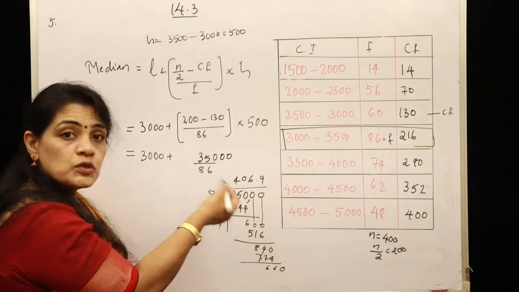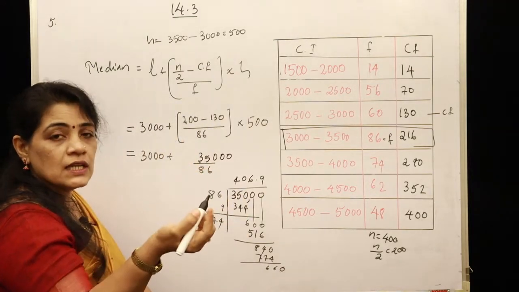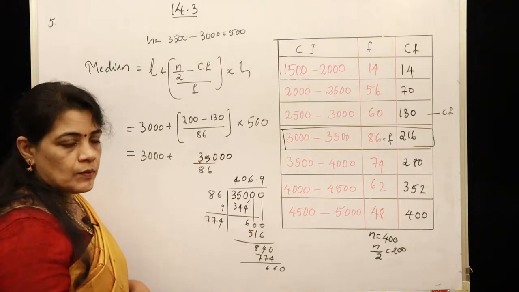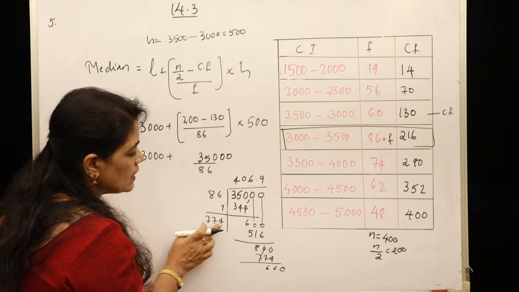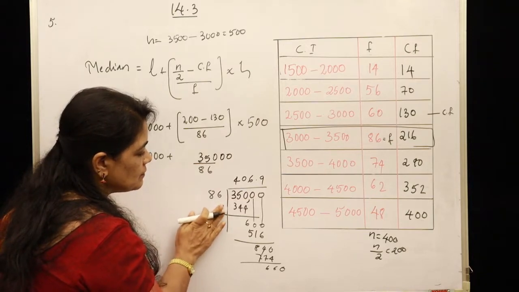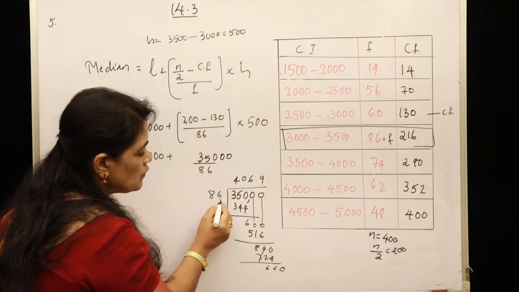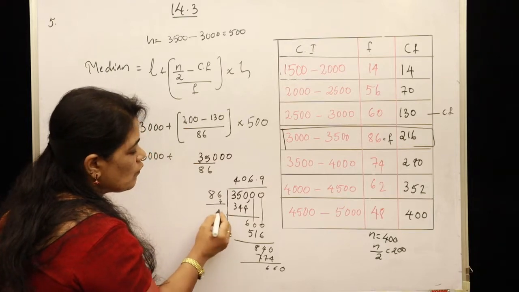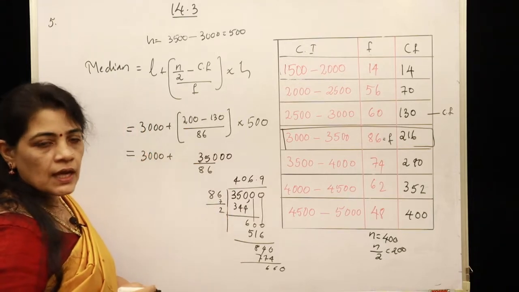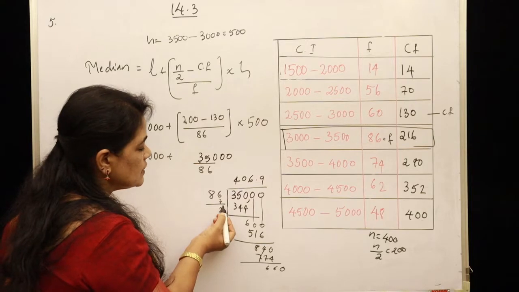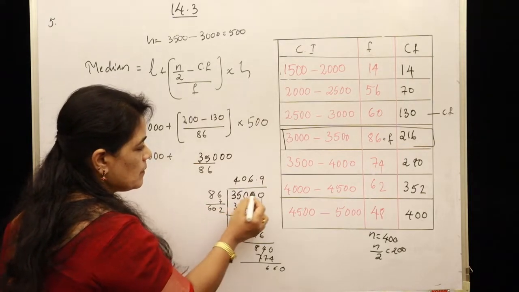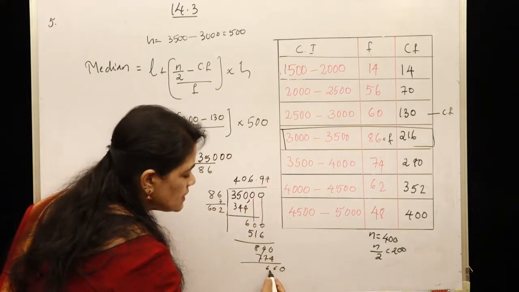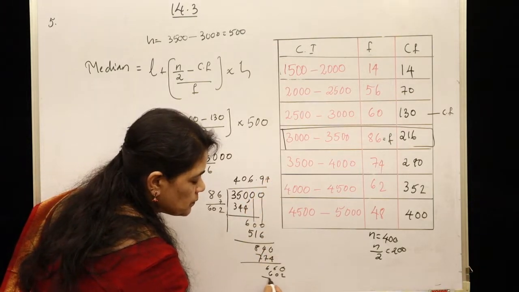One more 0, that is 660. We can round off to 2 decimal places. For that we have to see the answer up to 3 decimal places. So here 9 comes, 700, and we can take 7, right? 7 6s are 42, 4 carries, then 56, 60, then 602.